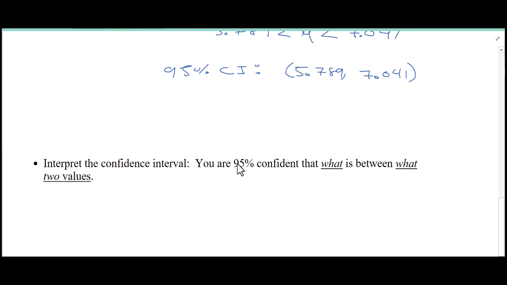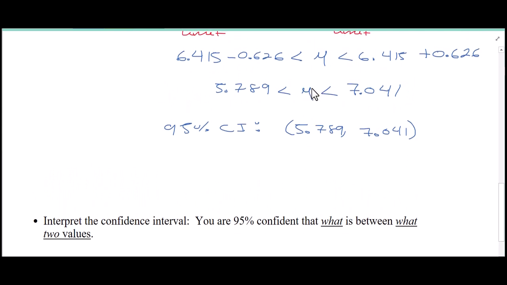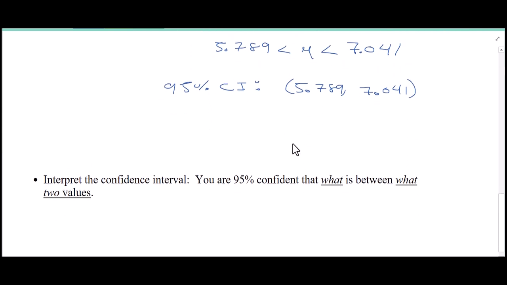So we are 95% confident that the average number of hours slept by ARC students is between 5.789 hours and 7.041 hours. So that's one of the things we can say in interpreting our confidence interval.